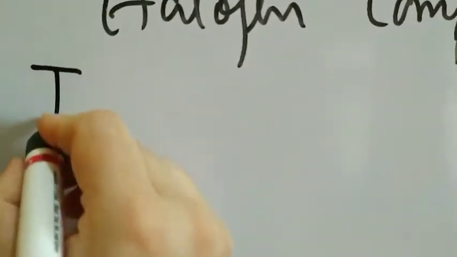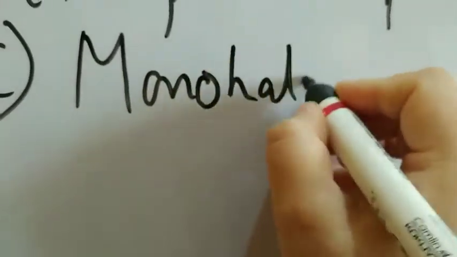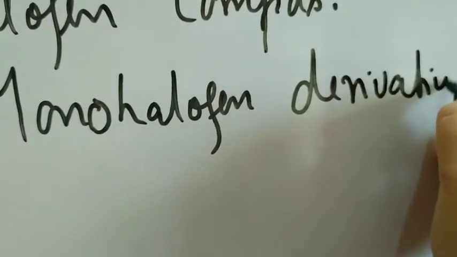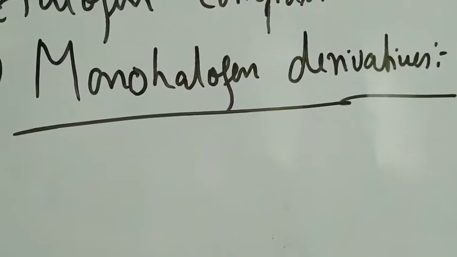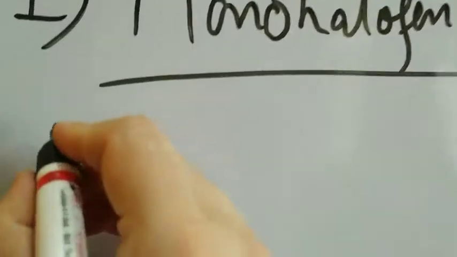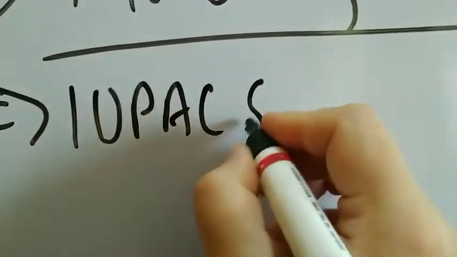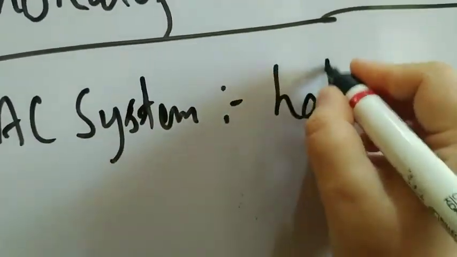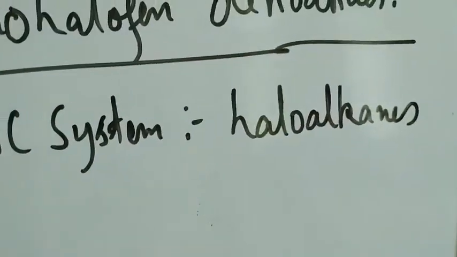Nomenclature of aliphatic halogen compounds. The first section we take up is monohalogen derivatives. This will be the easiest one because you have already done a lot about it. In classification we have discussed so many things about monohalogen derivatives, so the nomenclature is very simple. In IUPAC system, these monohalogen derivatives are named as haloalkanes, and the word haloalkanes is written as one word.